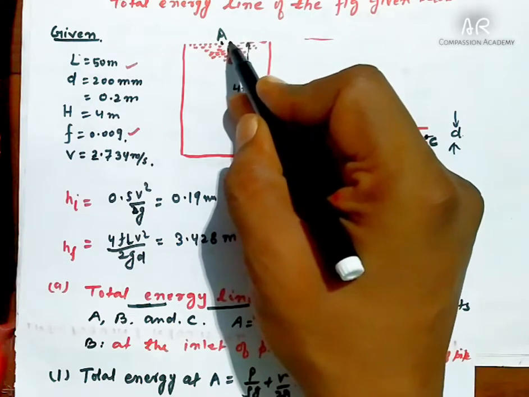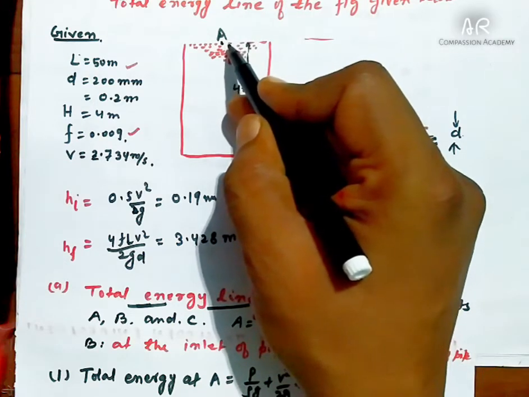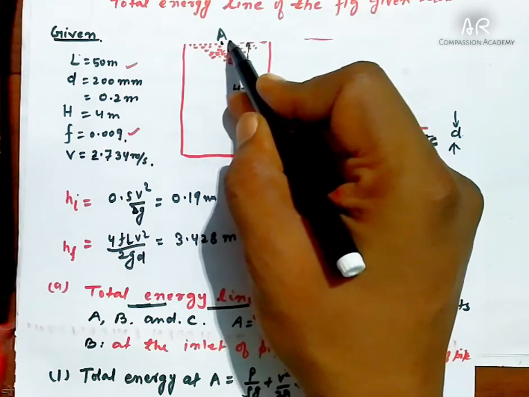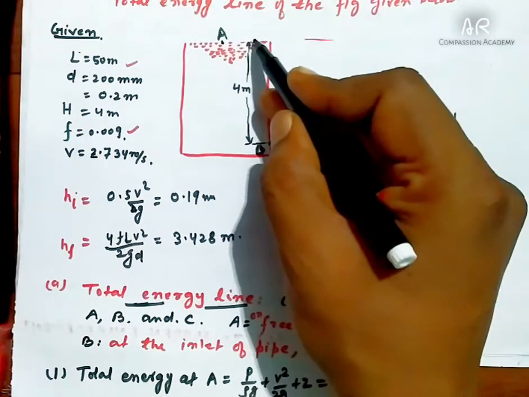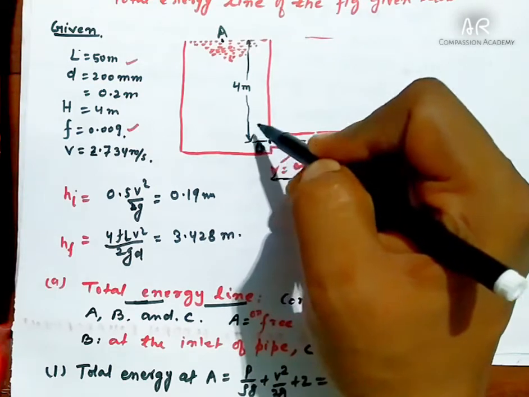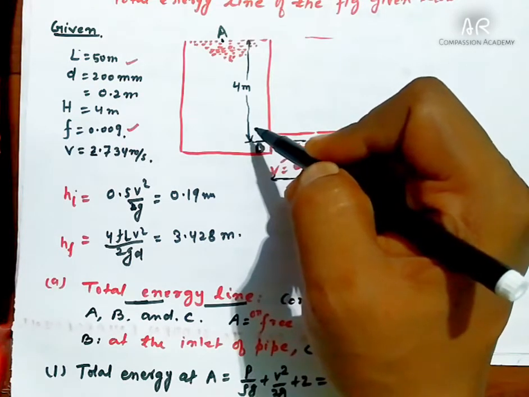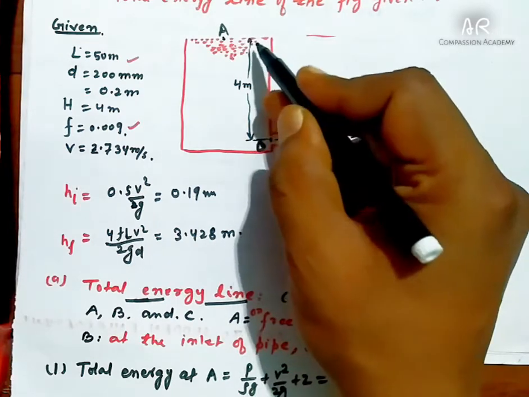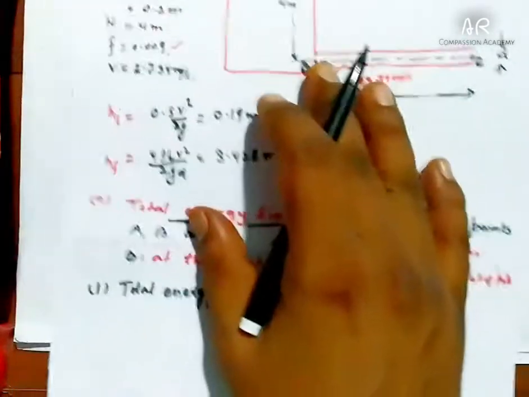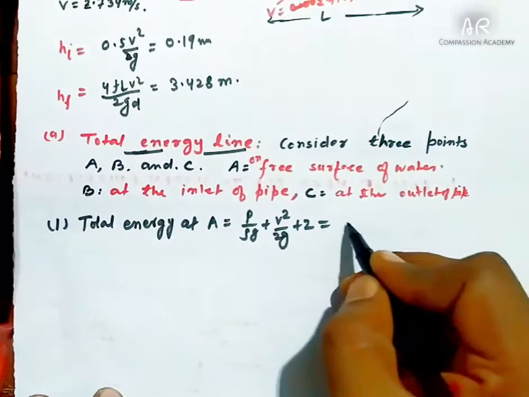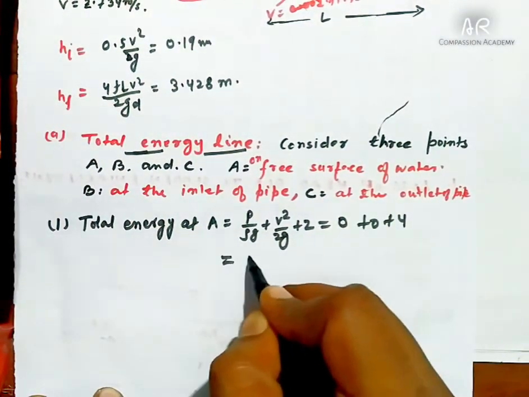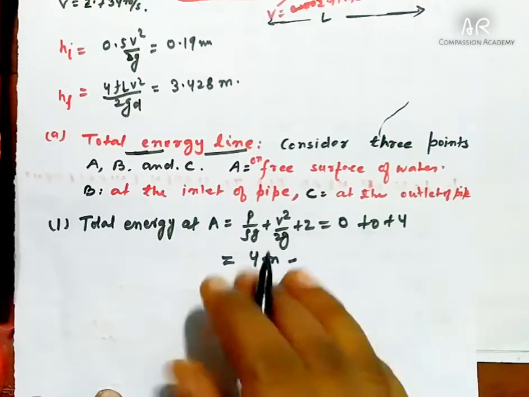So atmospheric pressure can be taken as 0. And also it is the top of the surface, so the velocity is also 0. And the height of the free surface from the center of the pipe is 4 meter. So putting these values in this equation, 0 plus 0 plus 4, it gives total energy at A as 4 meter.